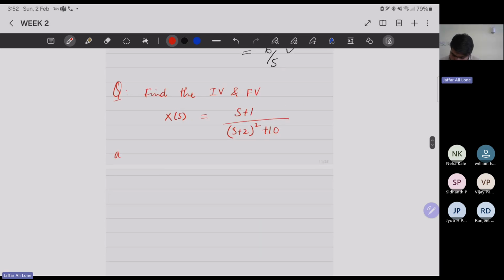And your options are: A, 1 by 14, B, 1 comma 0, C, 0 comma infinity, D, 1 by 14 comma infinity. Now find the initial value and the final value of the function s plus 1 divided by s plus 2 whole square plus 10.